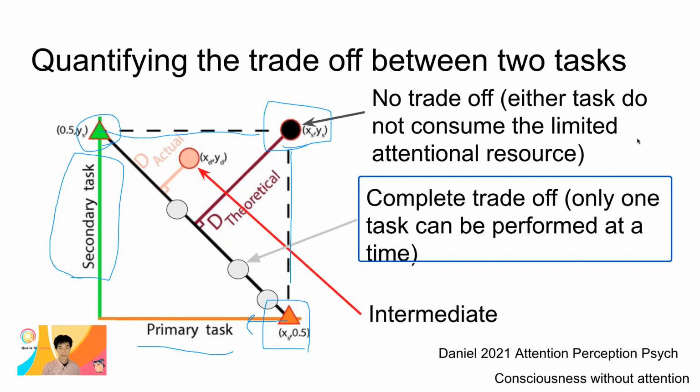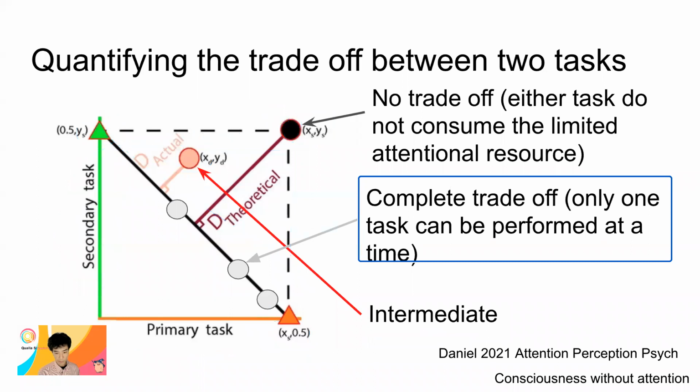The second thing is this complete trade-off, where if you need to choose one of the tasks, then the performance should line up on this diagonal line. The drop of the performance of the primary is compensated by the improvement of the performance of the secondary. And then there can be another case that is intermediate between the top right and anything in between at the bottom. So that's a theoretical explanation of the dual task experiment.